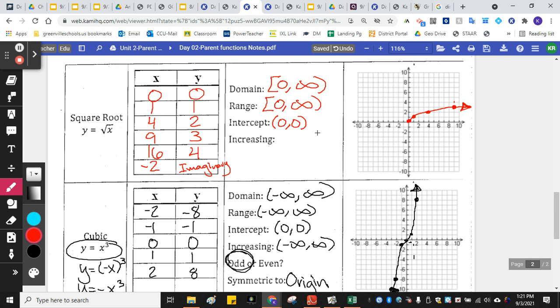For the parent function, yes. When we start moving it up, down, left, and right, it's going to change. That's what you have to look forward to next week. Increasing. 0 to infinity, not including 0, because you can't be increasing at a point.